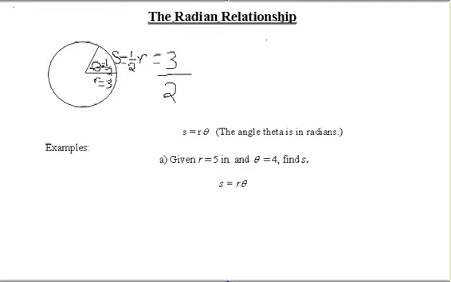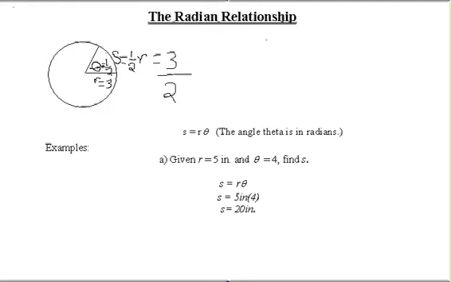But for now, we've got this angle, theta equals 4, and a radius of 5, so we can figure out what the length of S is. If we replace the r with 5 inches and theta with 4 and multiply, we find that the length of the arc is 20 inches.